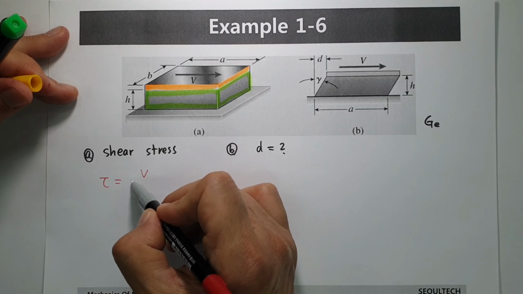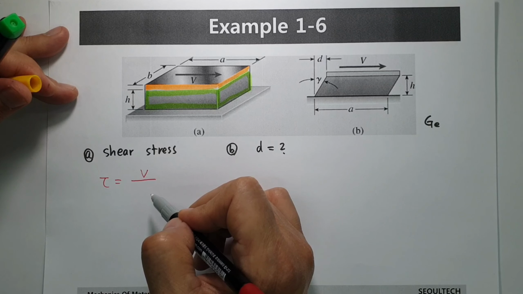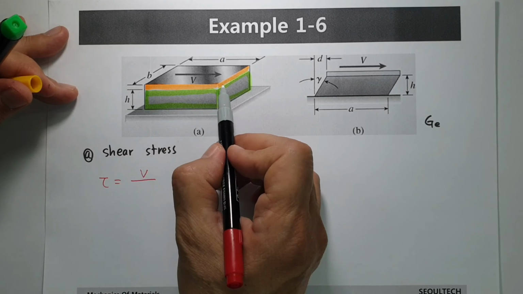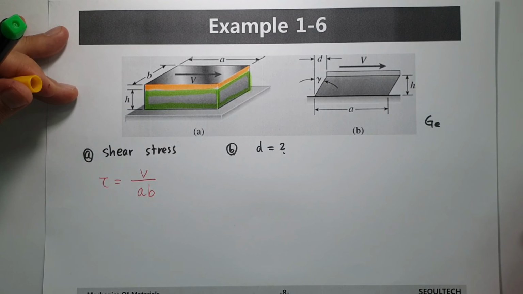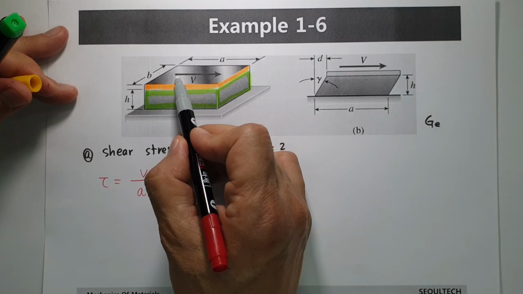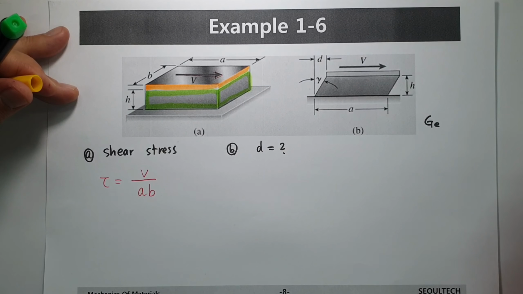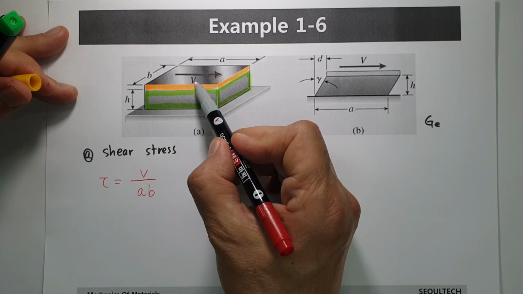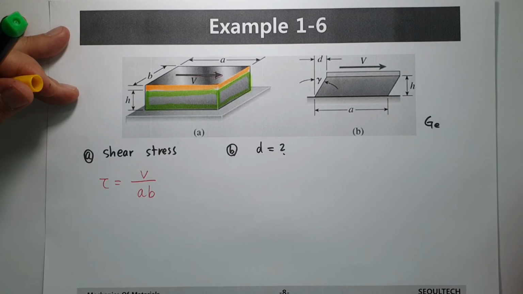The acting force divided by the area, this area A times B. If it is moved in this direction, then shear force V is acting, and the dimension is given. That's the shear stress.